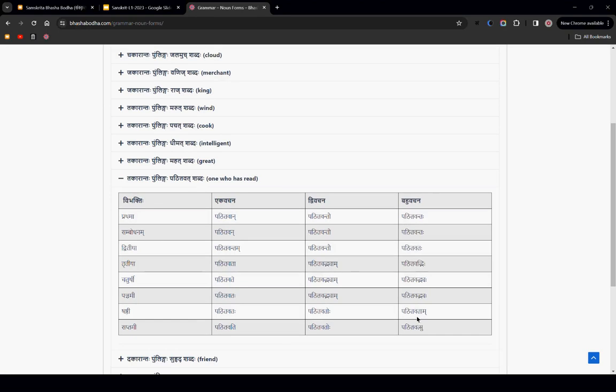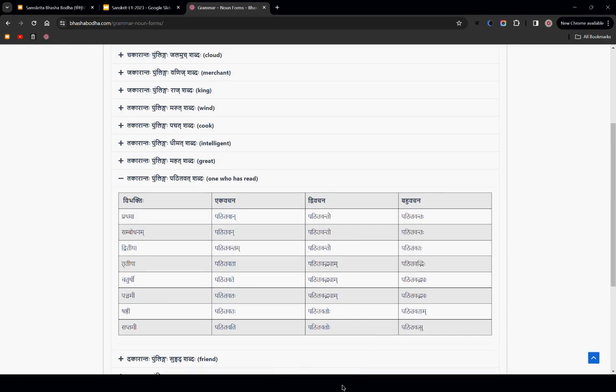If you want to look at all the forms, you follow the same pattern. Bhavan, Bhavantau, Bhavantaha. Bhavantam, Bhavantau, Bhavataha. Bhavata, Bhavadbhyam, Bhavadbhihi. Bhavate, Bhavadbhyam, Bhavadbhyaha. Bhavataha, Bhavadbhyam, Bhavadbhyaha. Bhavataha, Bhavatoho, Bhavatam. Bhavati, Bhavatoho, Bhavatsu. We already know the meaning of Bhavan or Bhavat. Bhavan means you.